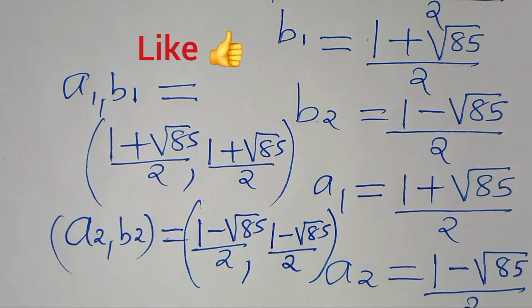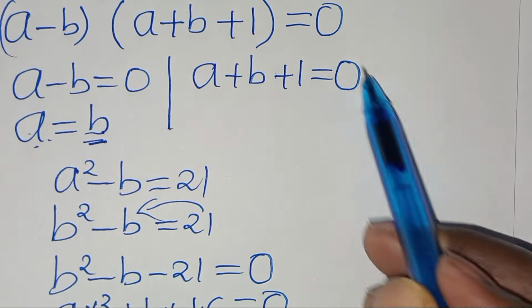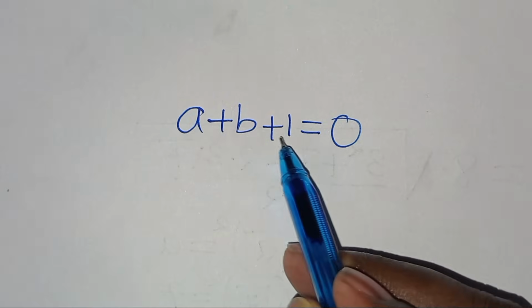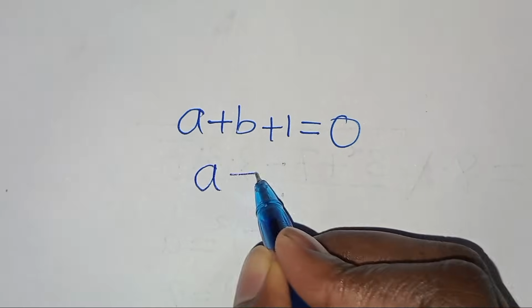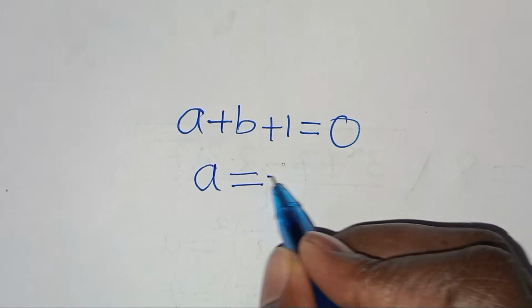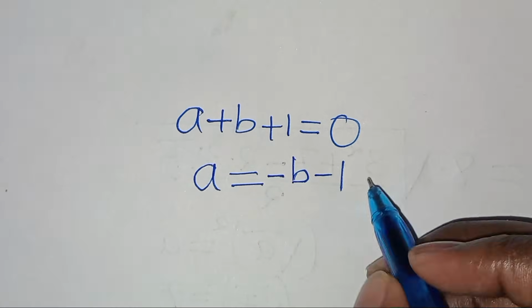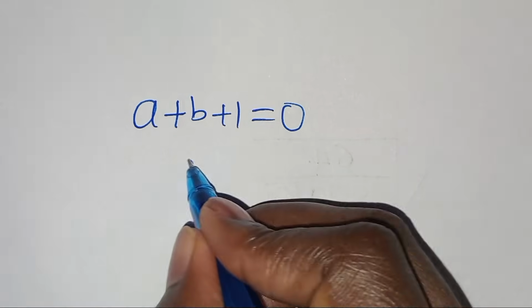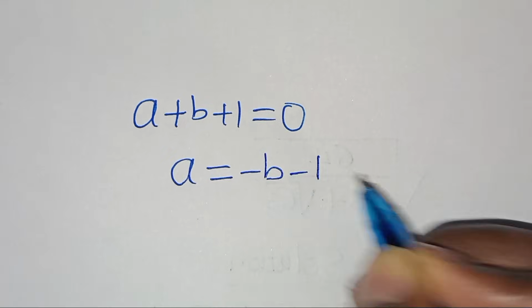Now, for the second part, we have A plus B plus 1 equal to 0. We can make A the subject of the formula, so that we have A equals minus B minus 1.